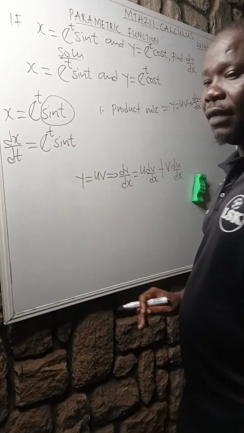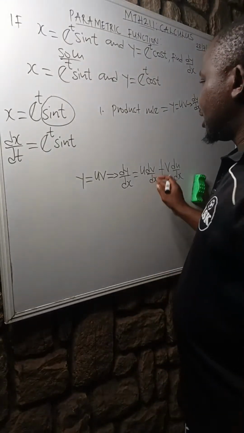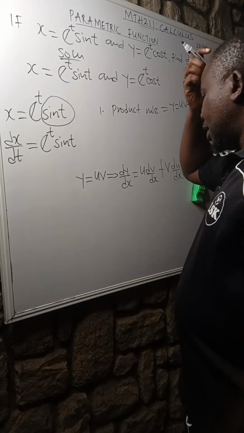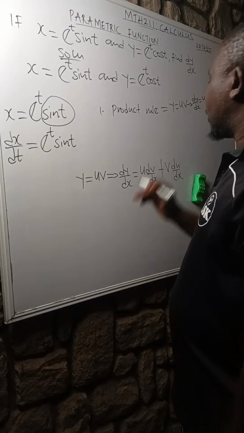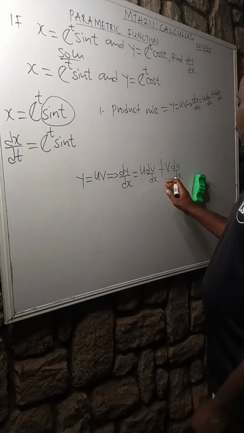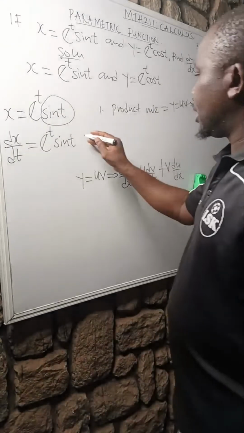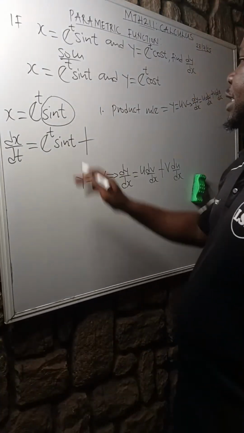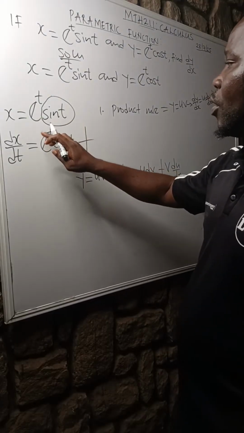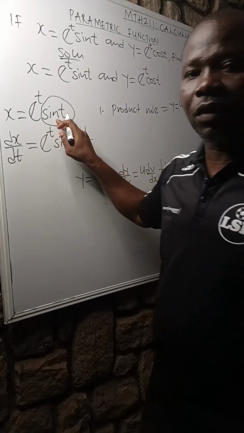This is the formula for the product rule, and you will see that we are going to have this. So now here is plus. So we now write plus. Then we hold this one first, true or false.